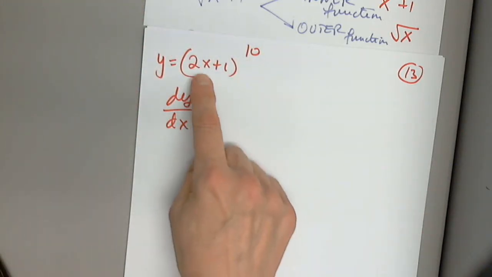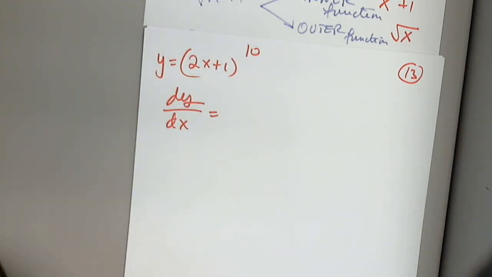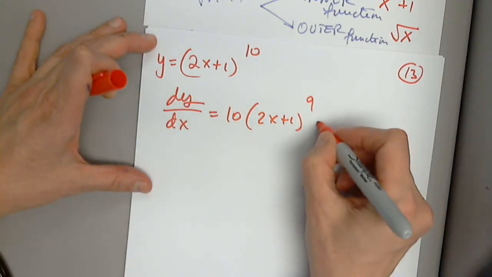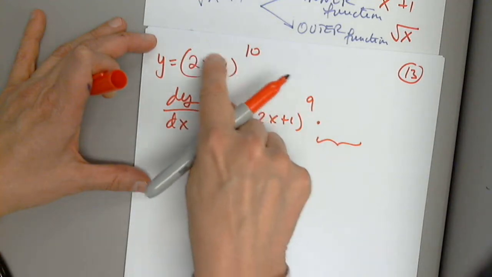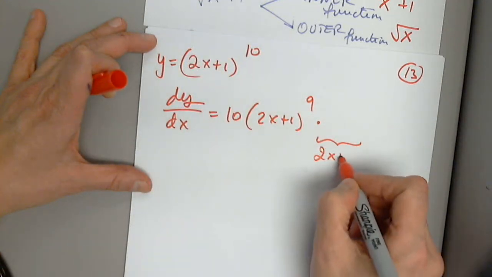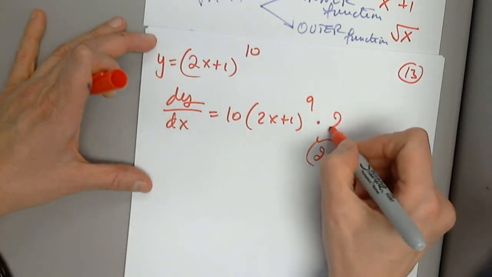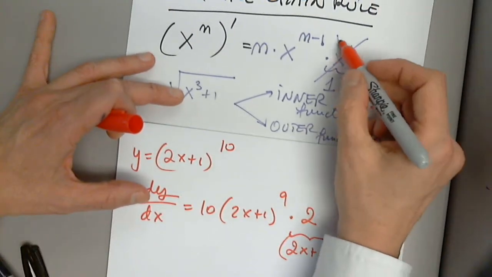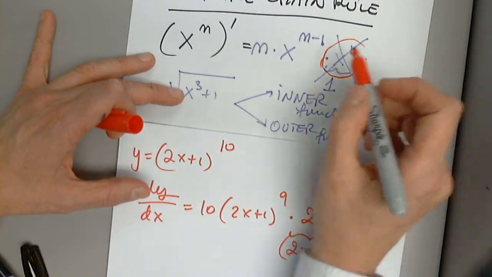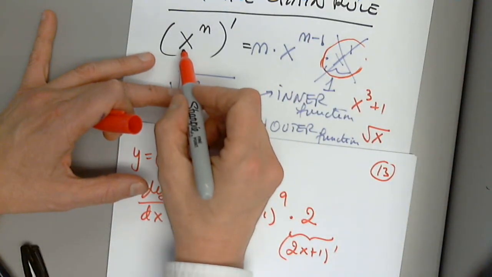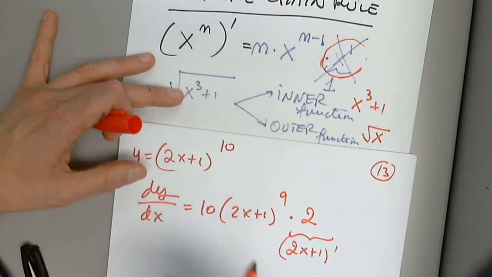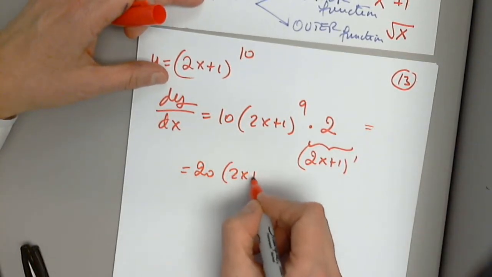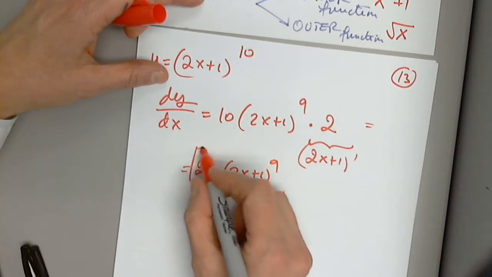I have a function other than x. So I will write 10 indeed. I will write 2x plus 1 to the 9th, but now multiplied by this inner function prime, which is 2. Exactly what we should have done here. The reason why we didn't is because the derivative of the inner function is 1. So it turns out that the answer is 20, 2x plus 1 to the 9th power.